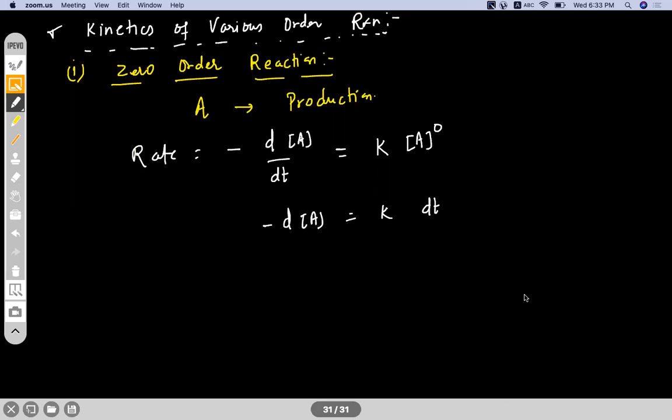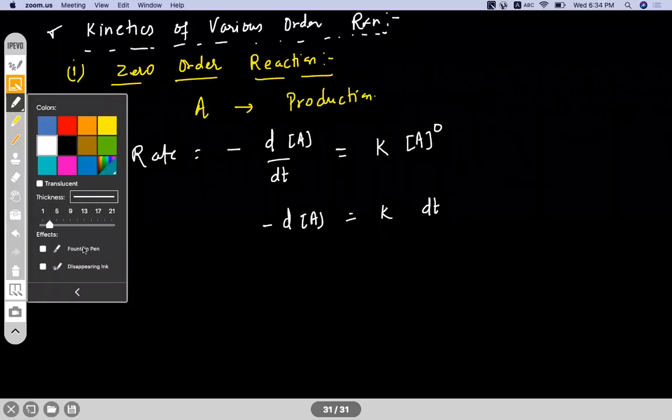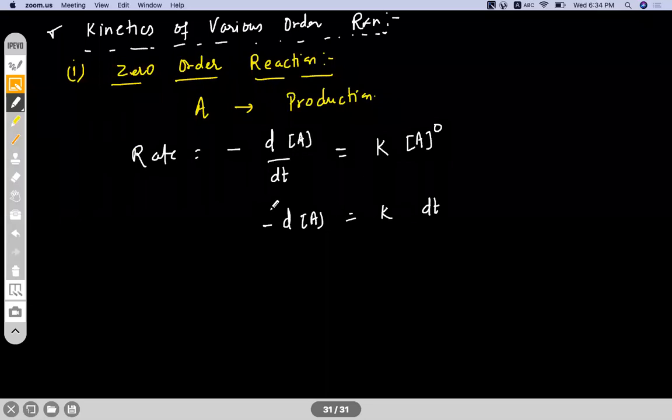Yes, so we have a differential equation here, and you need to solve it in order to get the relation of concentration and time. We place the limits and integrate.